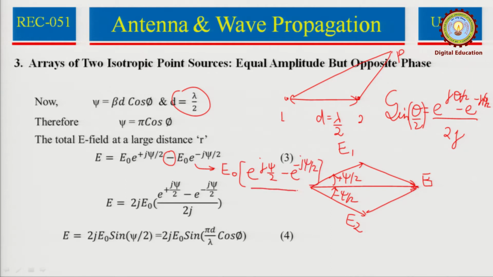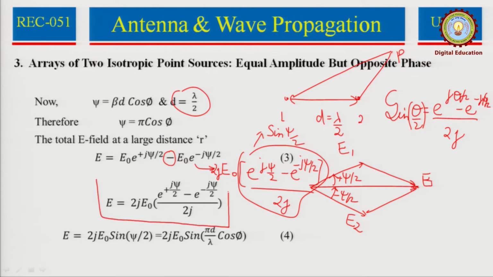If I divide and multiply by 2j, this particular term is nothing but sin psi by 2 using the Euler identity. So, we have replaced this whole expression and rewritten it in this format: E is equal to 2j E naught times sin psi by 2.